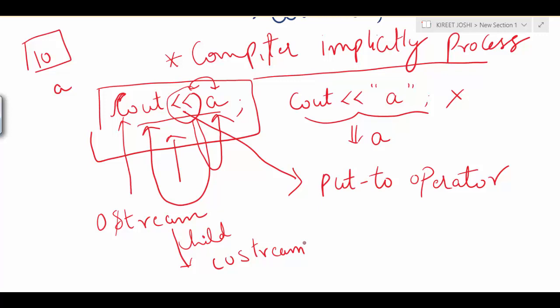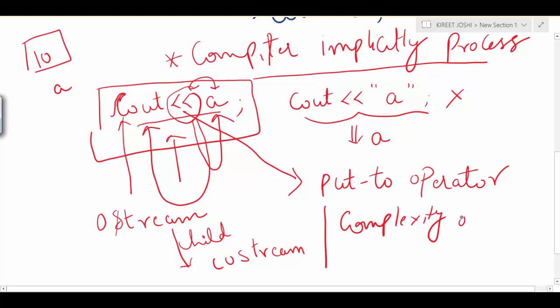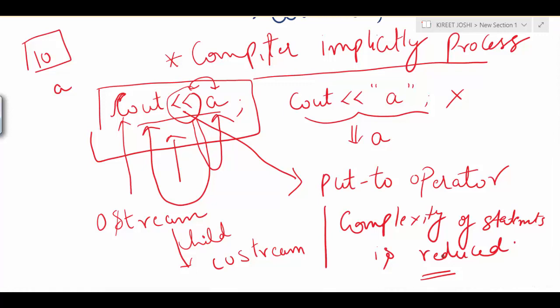But in C++, why is C++ better? Because the complexity of statements is reduced. If we write cout, it is very simple compared to writing printf %d comma a.